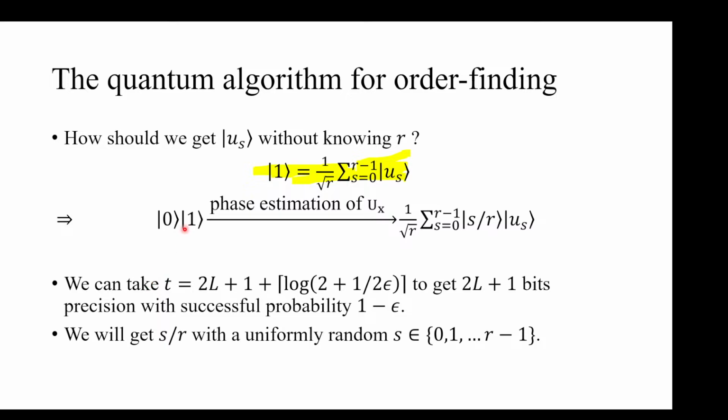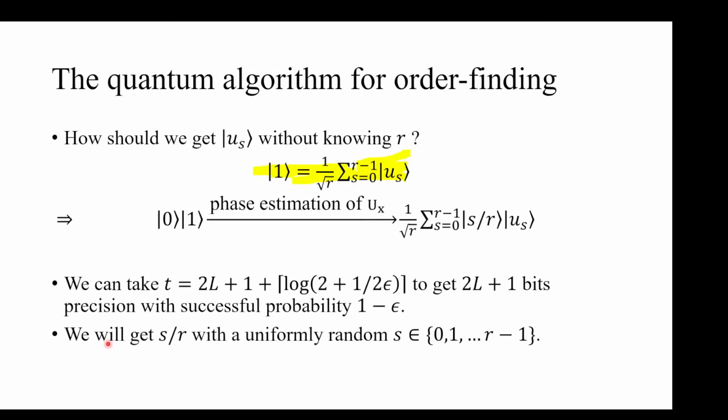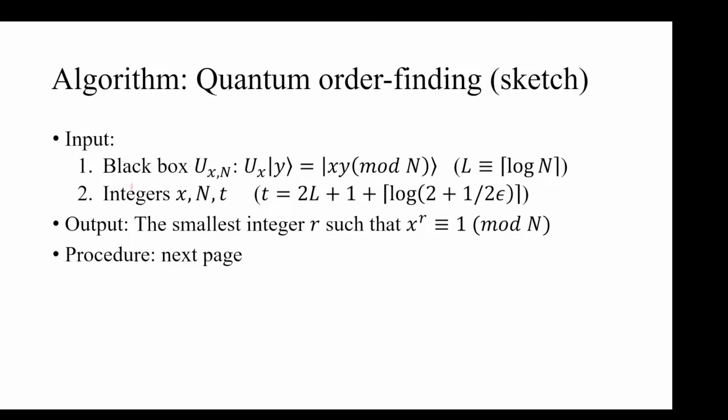So you just do phase estimation with the eigenvector 1 here, then you will get s over r with a random s. Okay, and so that's basically how you do order finding. You do phase estimation with the eigenvector being 1, and you get random s over r, and you can infer r from here with a little bit of calculation.